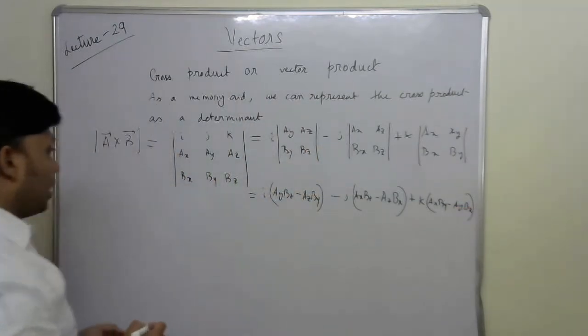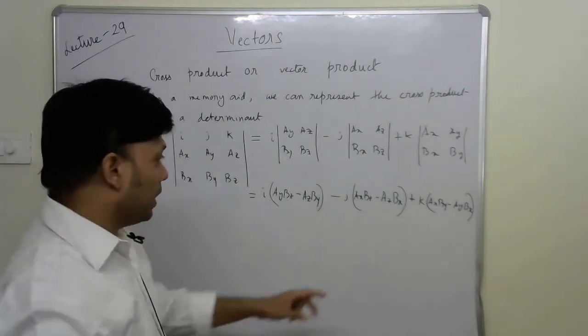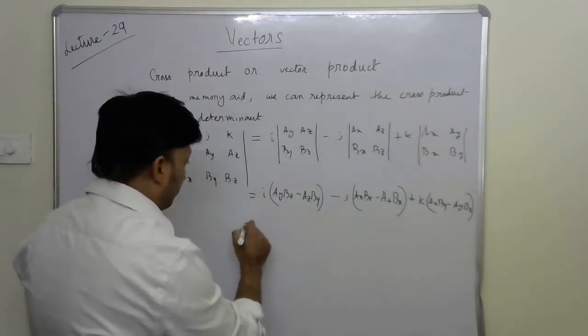All right. So now here you can see that we have a negative sign here and also a negative sign. So let's flip it. So let's make everything as positive.